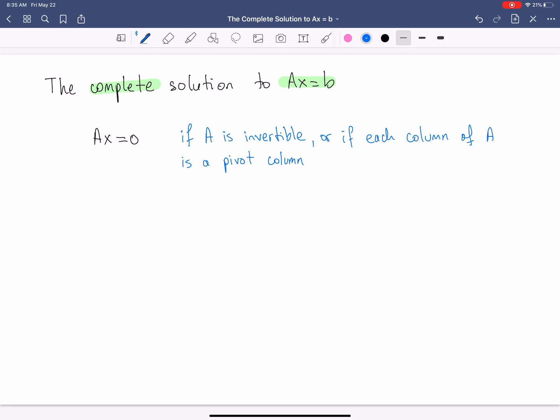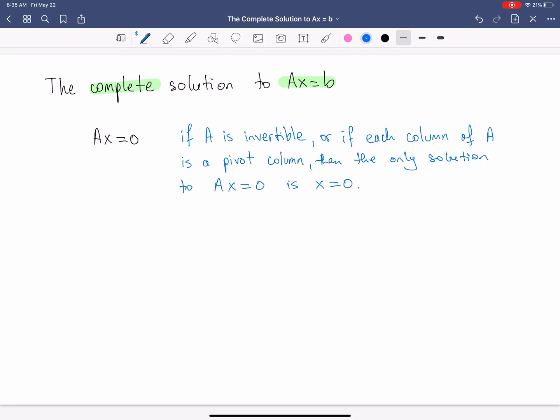So if each column of A is a pivot column, then the only solution to AX equals 0 is X equals 0. So only in the case when each column is a pivot column.